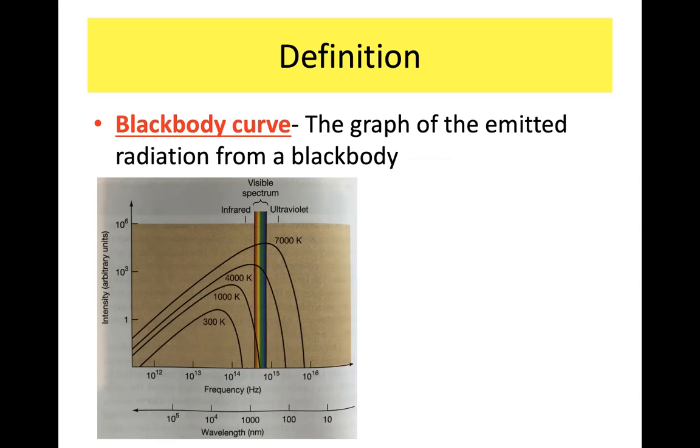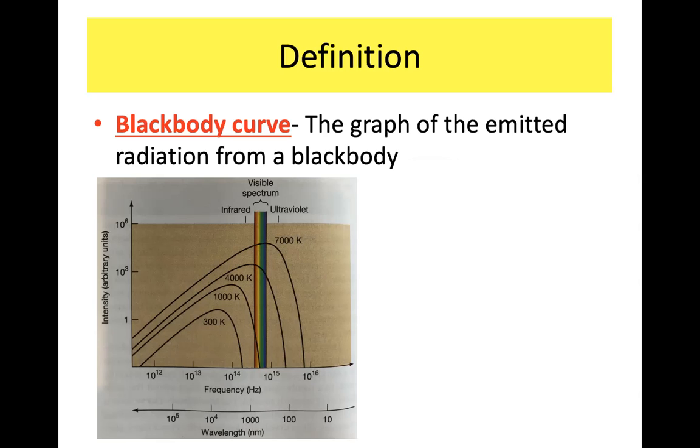Remember, it glows from left to right in this particular order right here. So it goes red, then orange, then yellow, and so on. Notice that some of those peaks there peak right in the visible light. So for instance, 4,000 degrees Kelvin peaks just slightly where the red light begins.